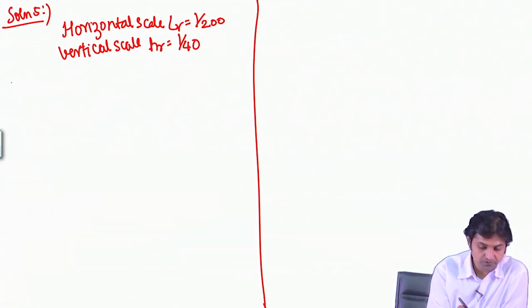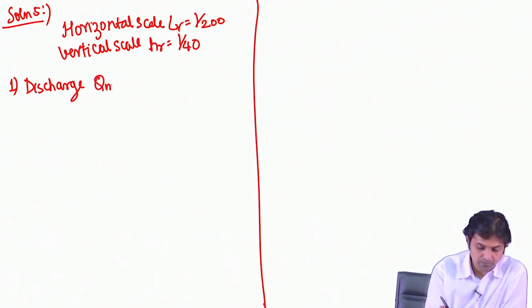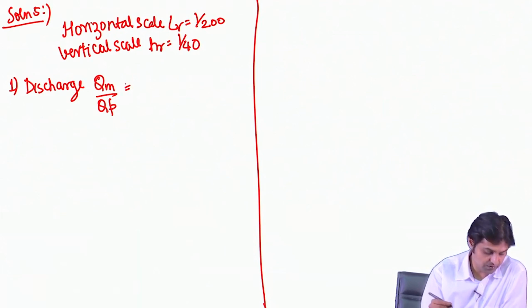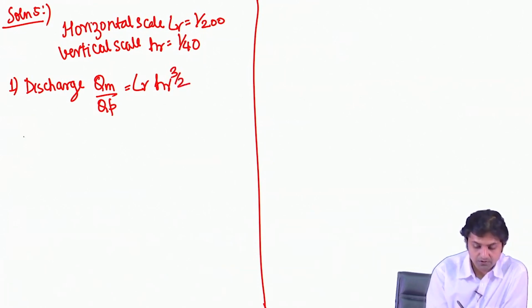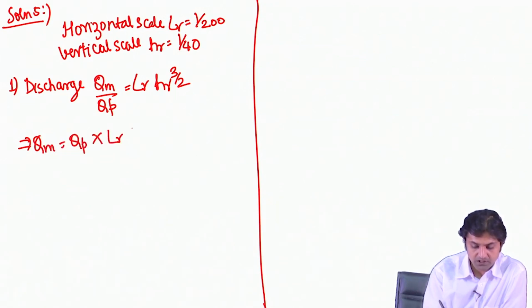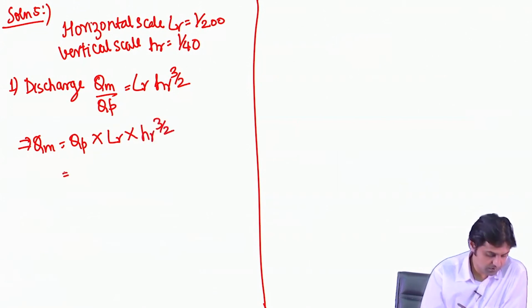Right, so first thing to solve is discharge. Qm by Qp, we have already found out, was Lr into Hr to the power 3 by 2. So Qm is going to be Qp into Lr into Hr to the power 3 by 2.